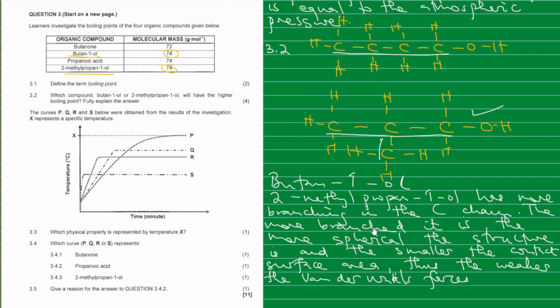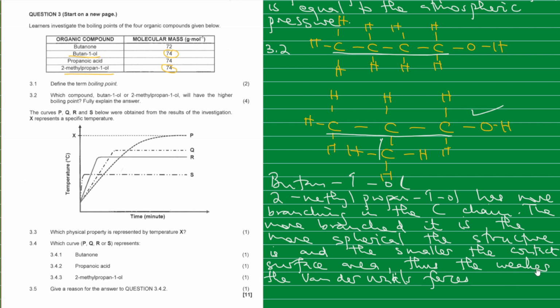So the more branched it is, the more spherical the structure is. It is more round. So this one is more round than butan-1-ol. If it is more round, it has a smaller contact surface.